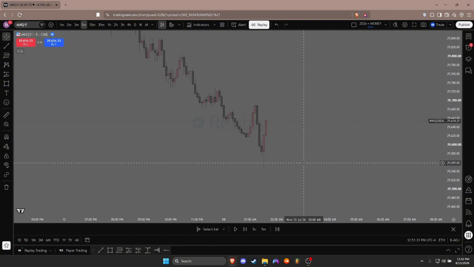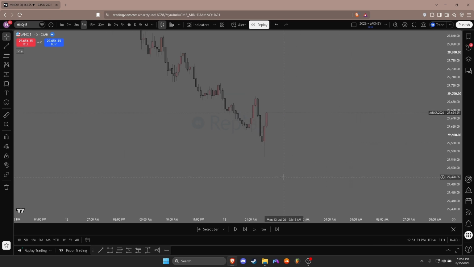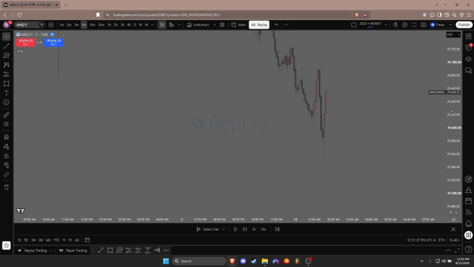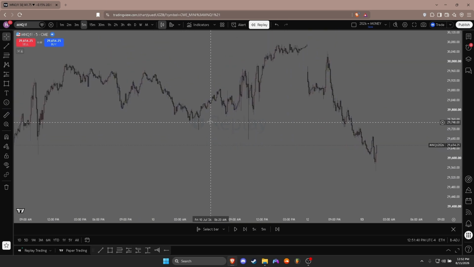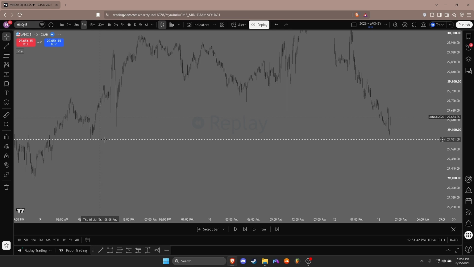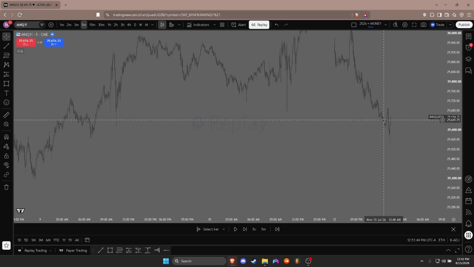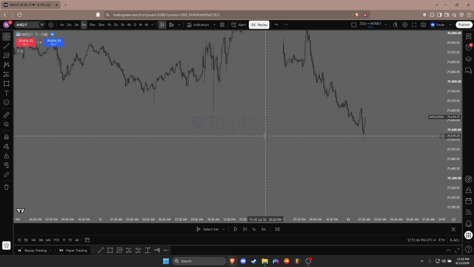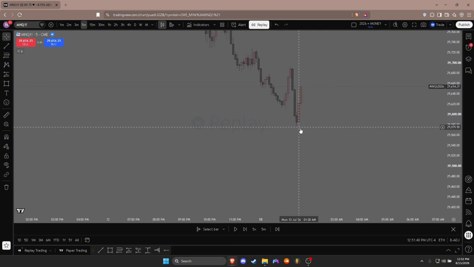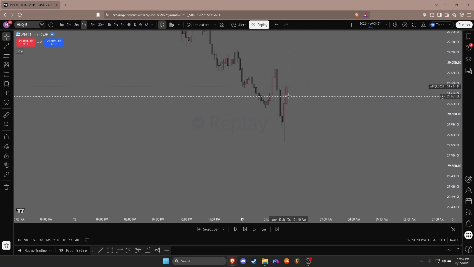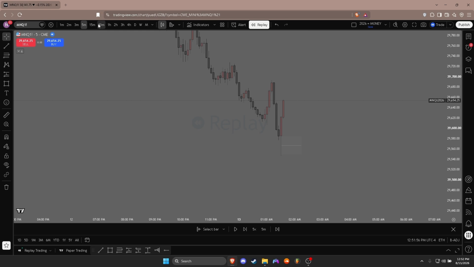Why would I want to mark my OTE in this range? We swept all of these lows from last week. We have a rejection block right here. We swept these lows and got this rejection block and order block right here.